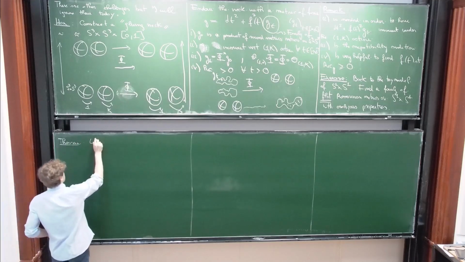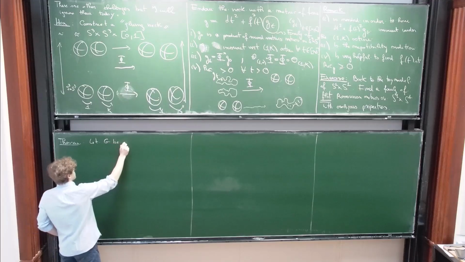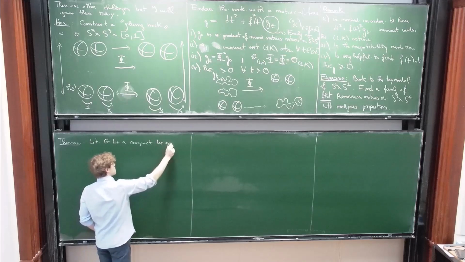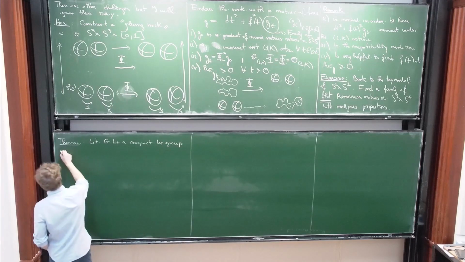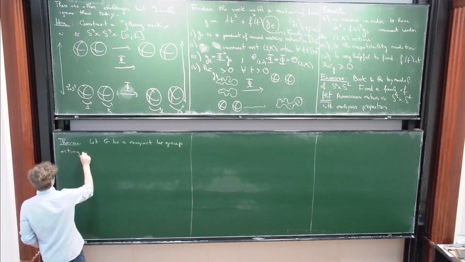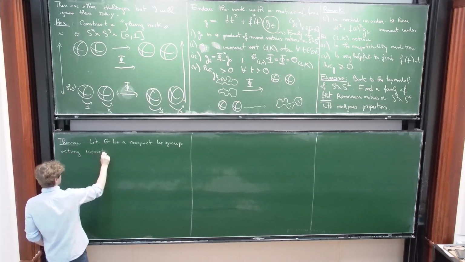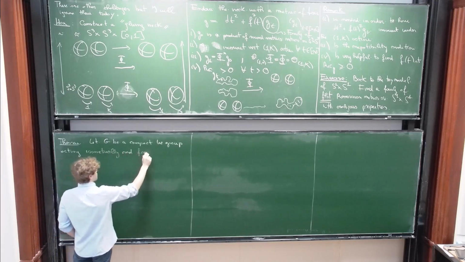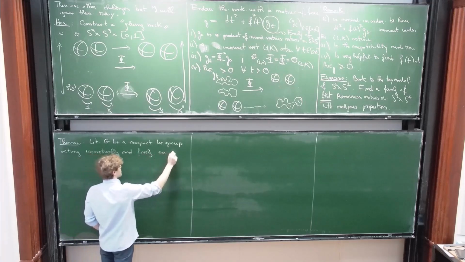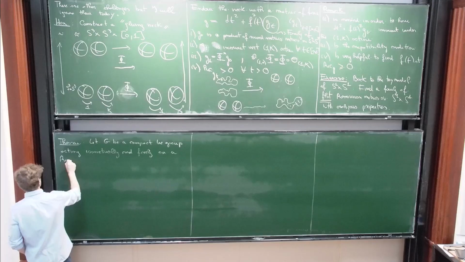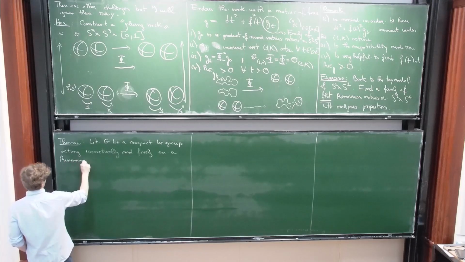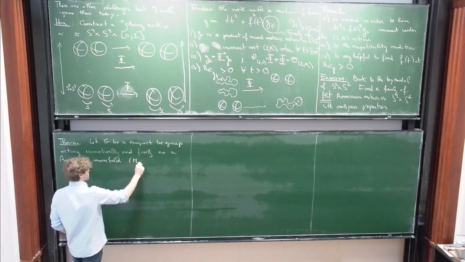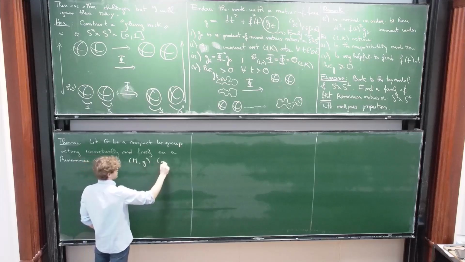Let G be a compact Lie group acting isometrically and freely on a Riemannian manifold (M, g), say on the left.